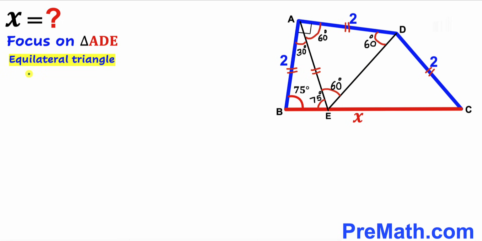We can also see that this is an equilateral triangle, since all three interior angles are congruent, 60 degrees each. And since this is an equilateral triangle, all the side lengths are congruent as well.